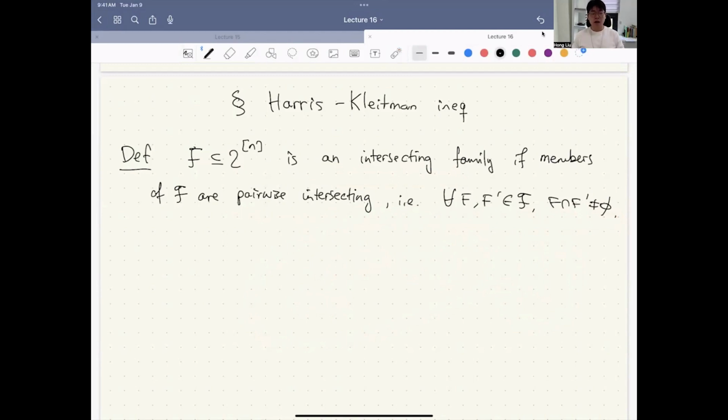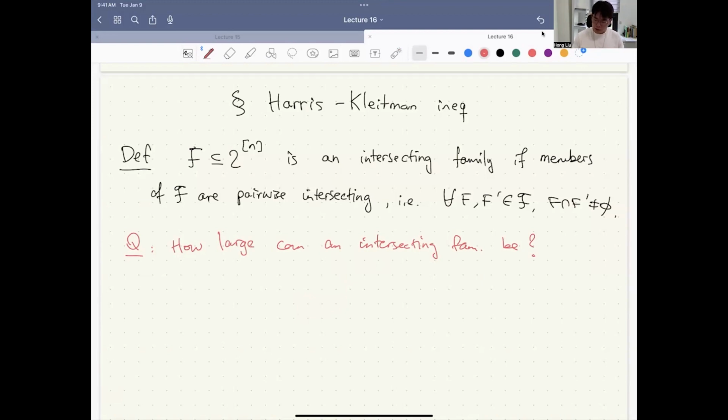Now, how large can an intersecting family be? Let's ask a very simple extremal question. Perhaps one of the natural extremal questions is, how large can an intersecting family be?